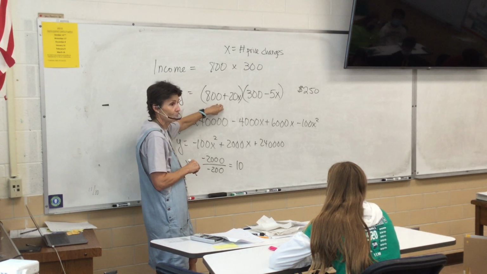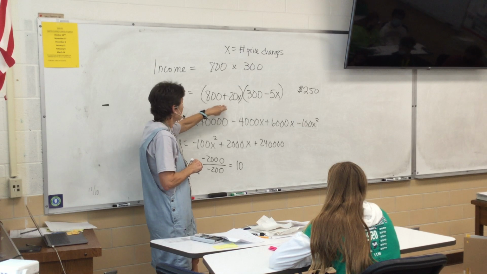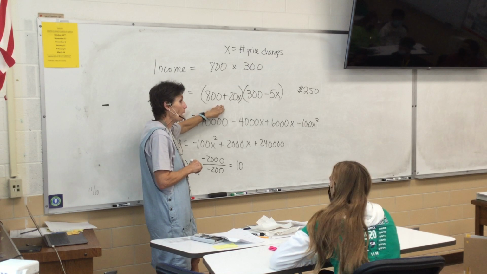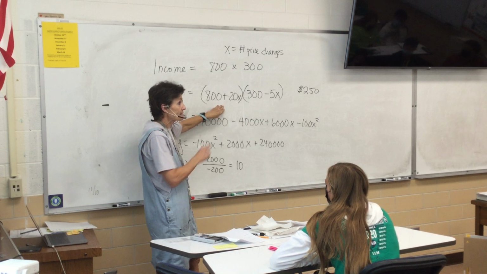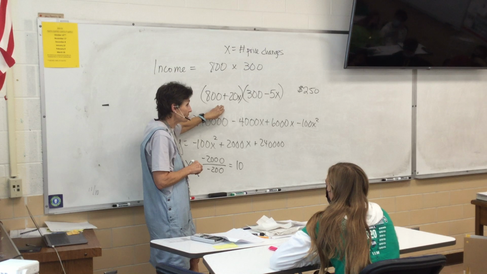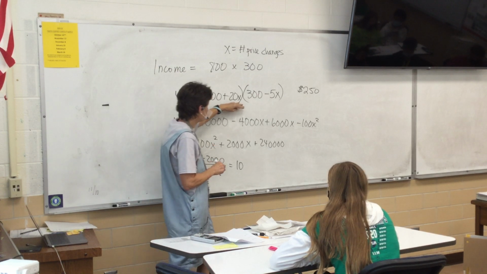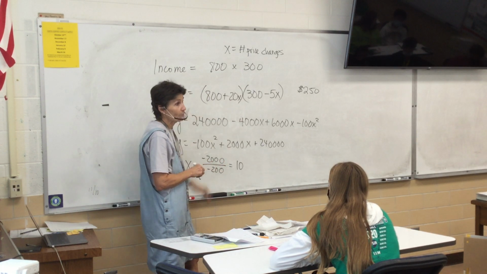What's that? It's hopeless. Eyes are shut. Good. What's this? That's 1,000 what? What does that 1,000 mean? Units. That's how many apartments I'm going to rent, right? Originally it was 800, but I'm going to do 20 times 10 more. So that'll be 1,000 apartments.